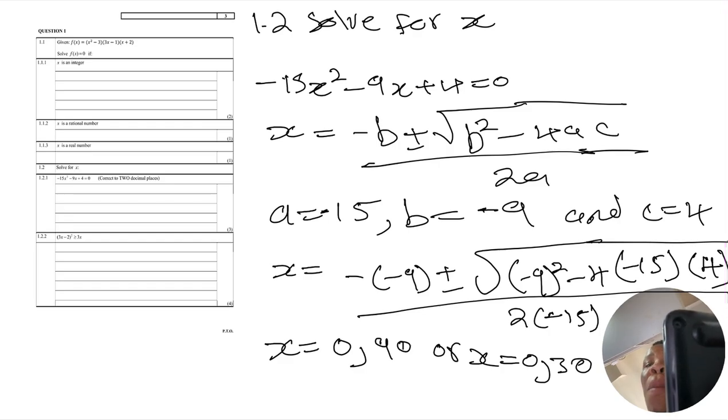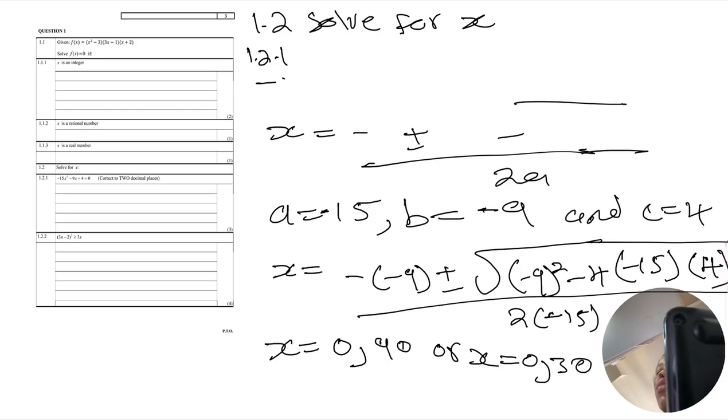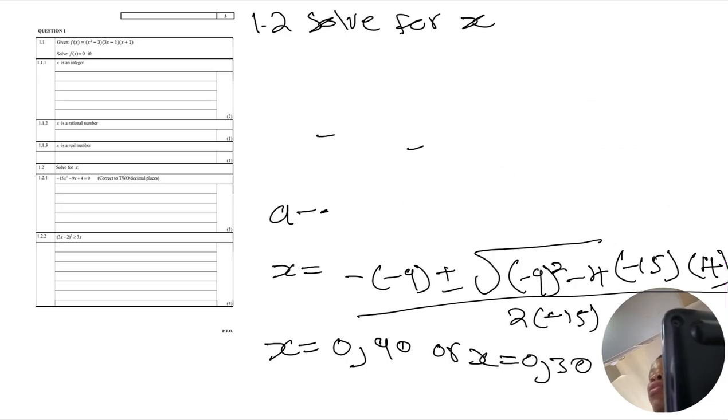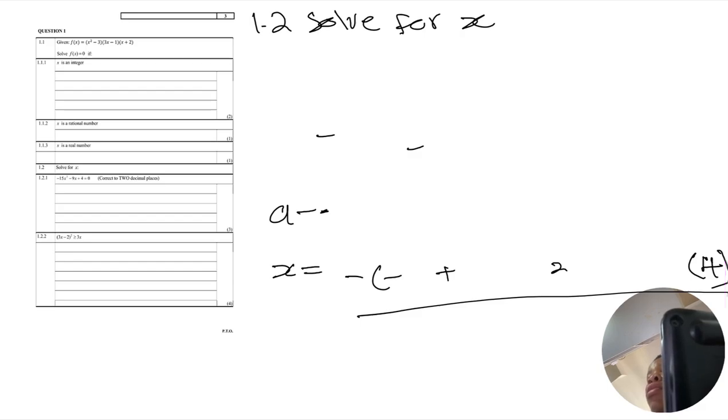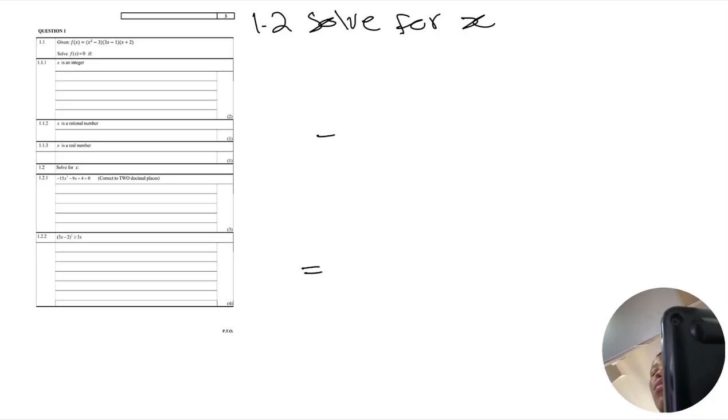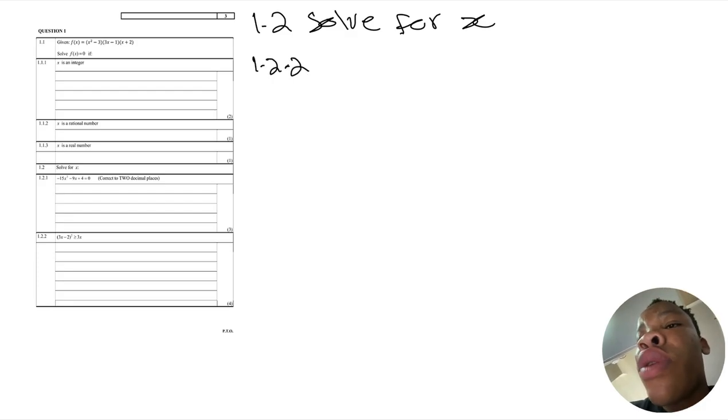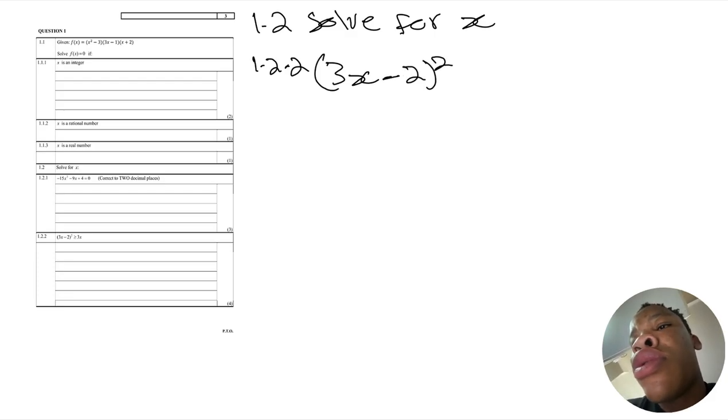This was 1.2.1 actually. So let's move to 1.2.2. We have 3x minus 2 squared greater than or equal to 3x.